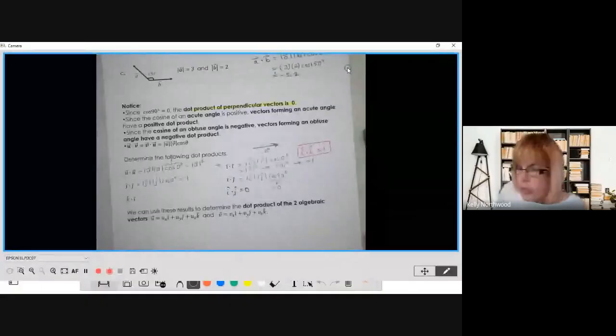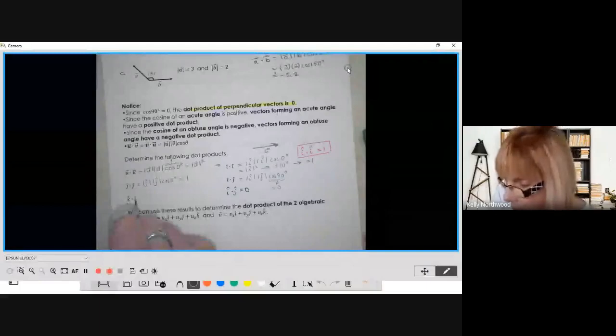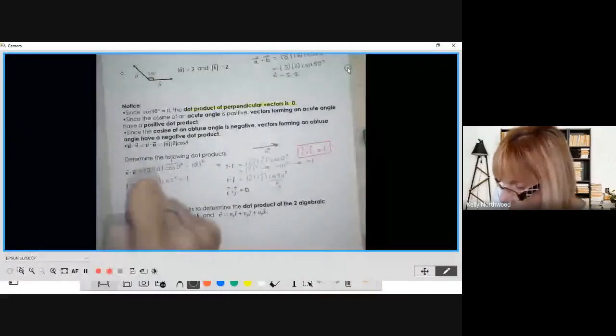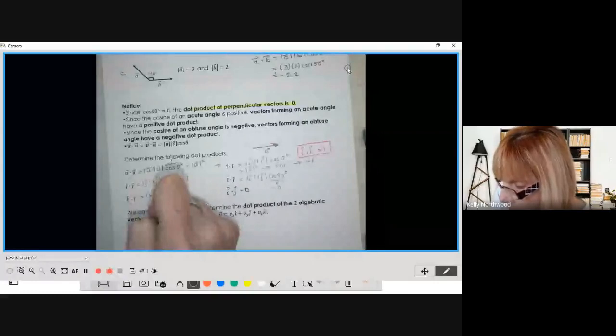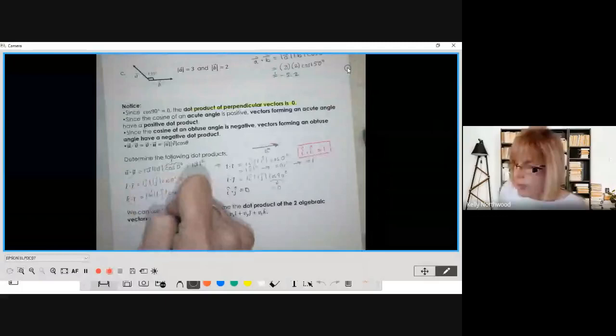And k hat and i hat are also at 90 degrees to each other, so their dot product would be 0 as well, because the angle between them is 90.